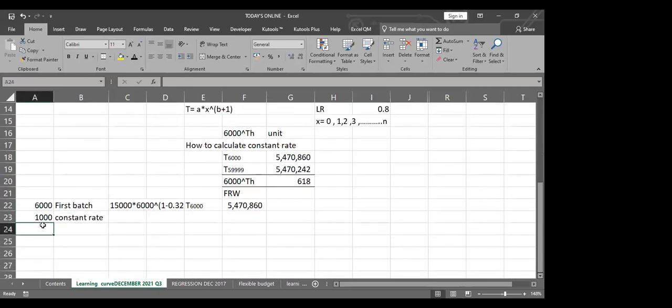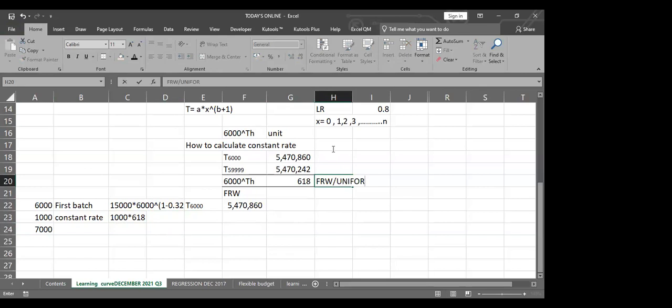So there's a difference, and that is what is supposed to be produced by that. It is a constant rate, so you don't need to apply this formula. All you need is to find the 1,000. How to calculate that? You pick 1,000 and multiply by this rate here, which is 618, because it's a rate in francs per uniform.